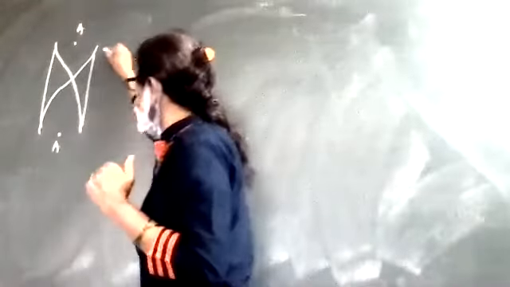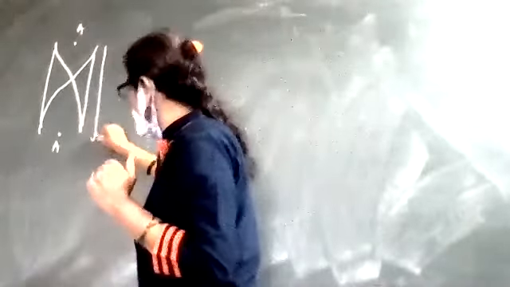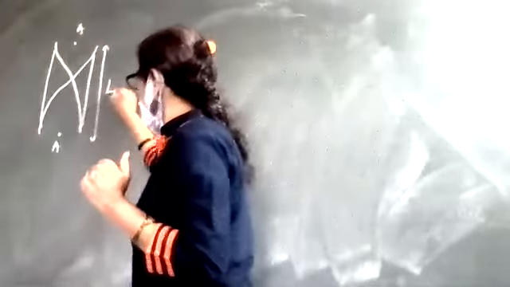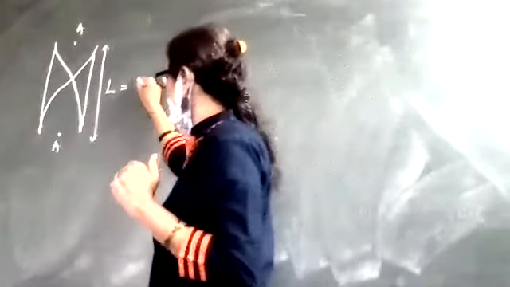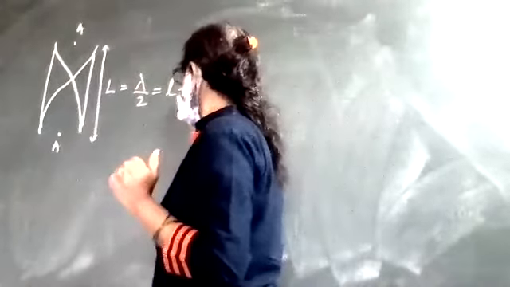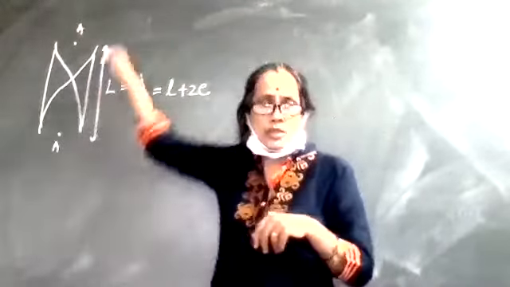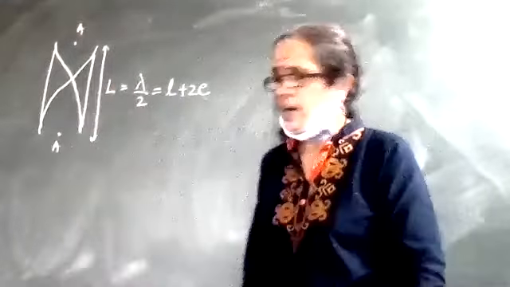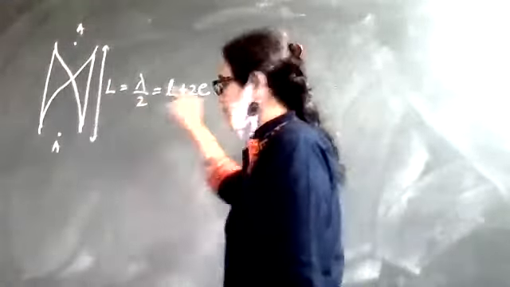In this situation, the distance between two consecutive antinodes is lambda by 2, which is L plus 2e. At both the ends, the end correction factor will get added.